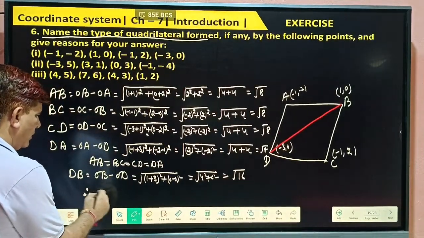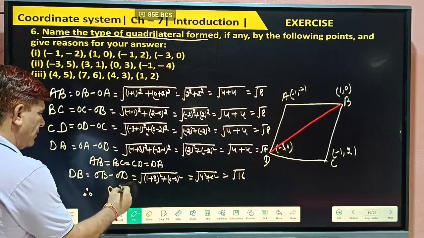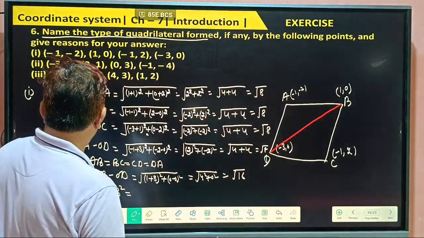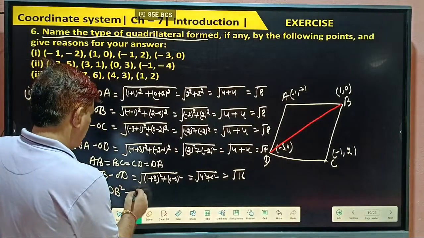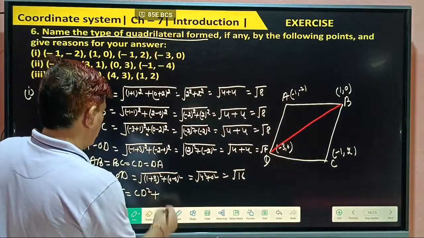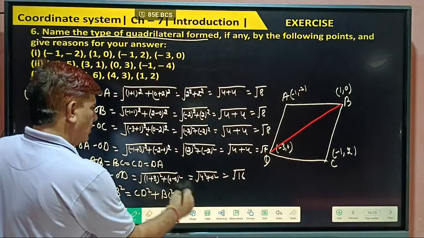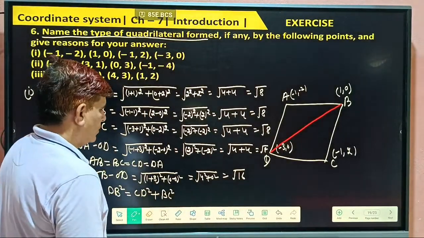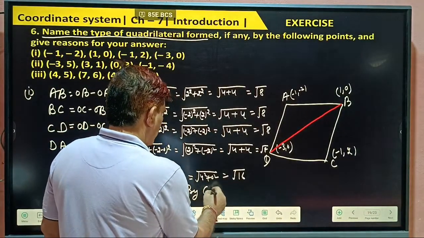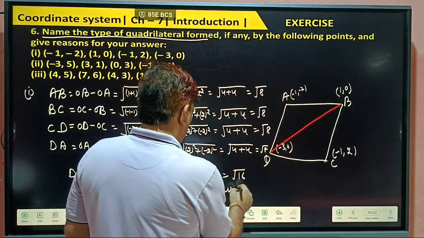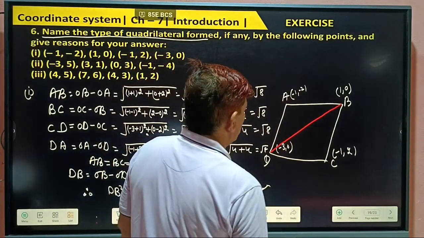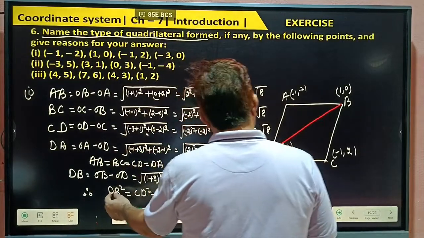Therefore DB square is equal to what? CD square plus BC square. Yes or no? So by the converse of Pythagoras theorem, what is opposite to this side?